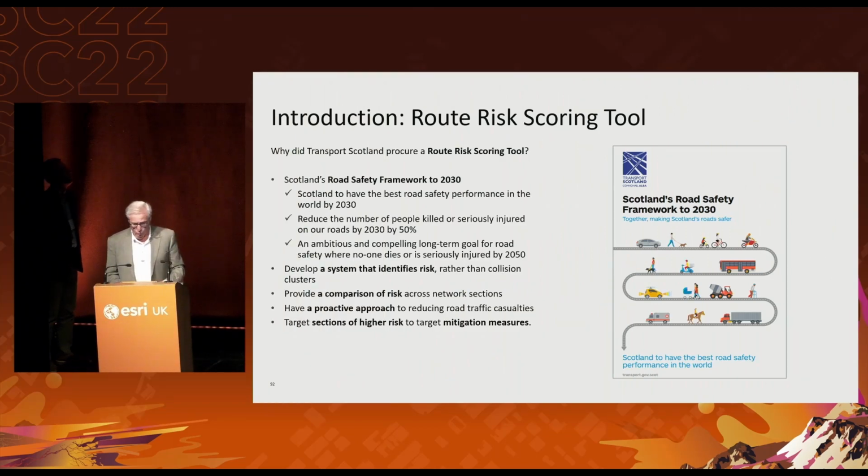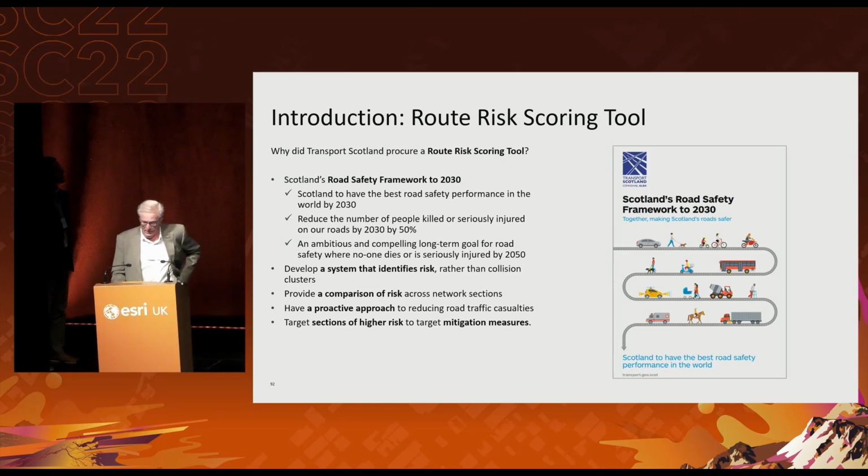So as an introduction, why did Transport Scotland commission a GIS-based route risk scoring tool for the trunk road network? Well, firstly and most importantly, it's one of the tools we will use to try and achieve the goals set out in Transport Scotland's Road Safety Framework to 2030. Firstly, this is for Scotland to have the best road safety performance in the world by 2030.